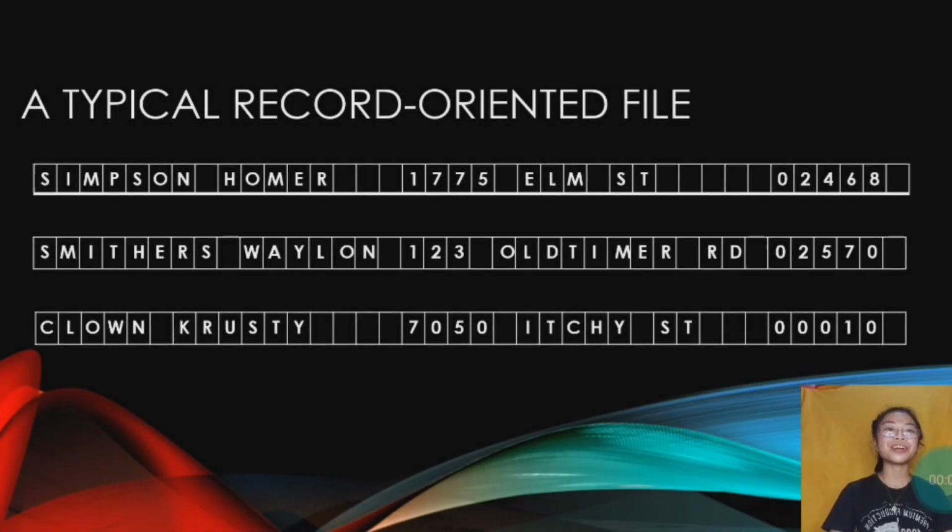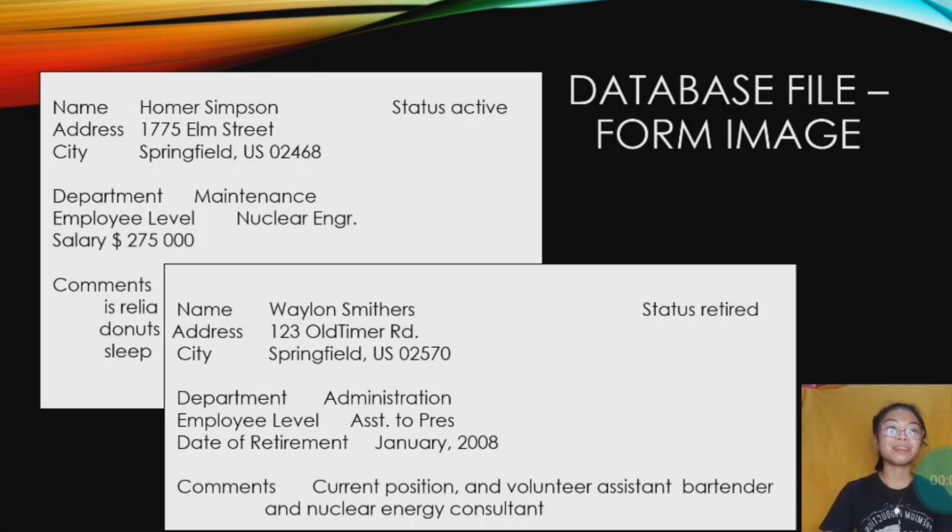A typical record-oriented file is called a table image. In this illustration, each record is made up of the same fields, and each field has the same fixed length for all records, but it is not necessary in all cases. This is the database file, or called a form image. In this illustration, the company personnel file does not require the salary for retired employees, and it uses a field of comments.